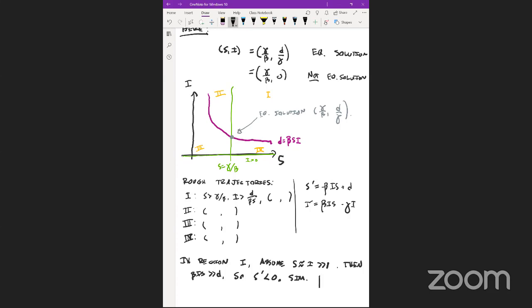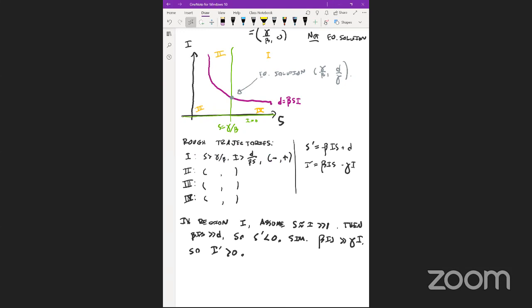Similarly, beta IS is going to be much larger than gamma I, so I prime is going to be greater than 0. So we get minus plus.